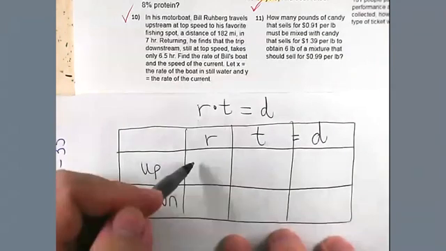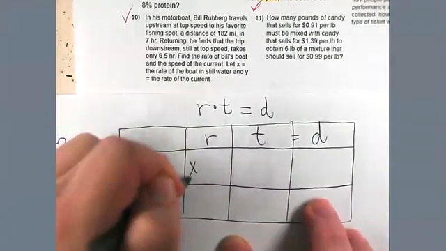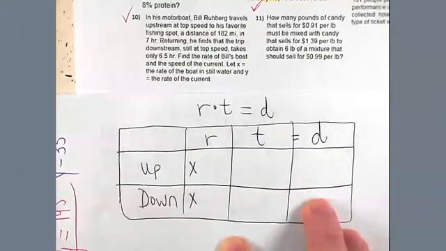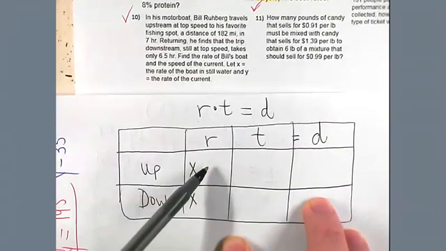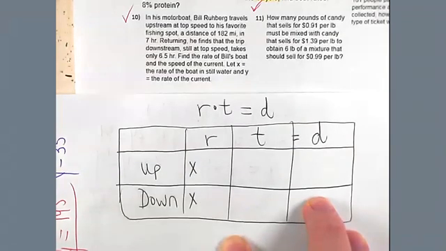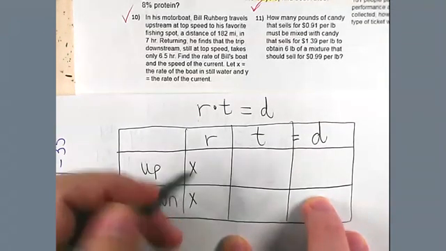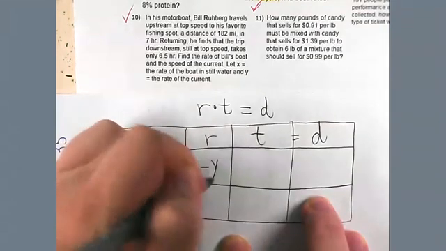Now, we know the rate of Bill's boat is represented by the letter x. If he's going upstream, then he's going against the rate of the current. So if you're going against the current, that means you're losing speed, and you guys know losing speed means minus.